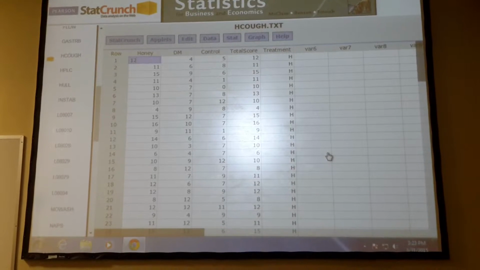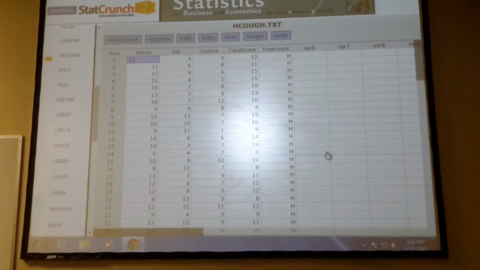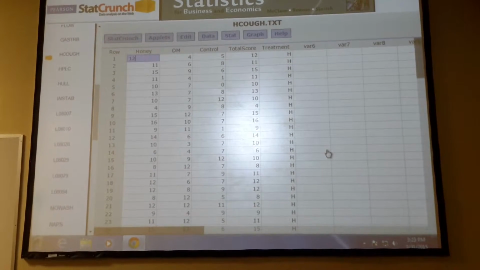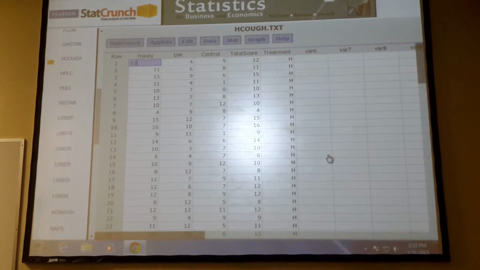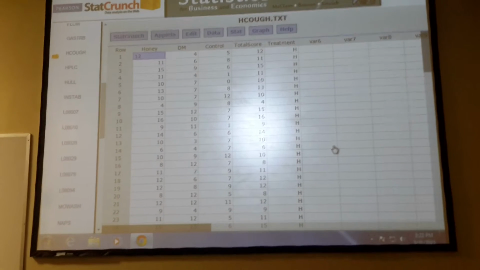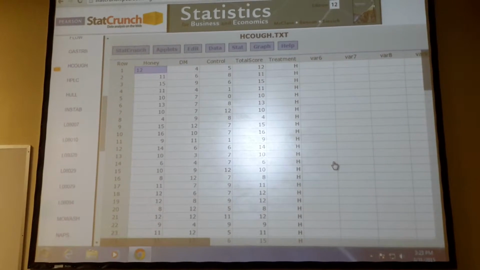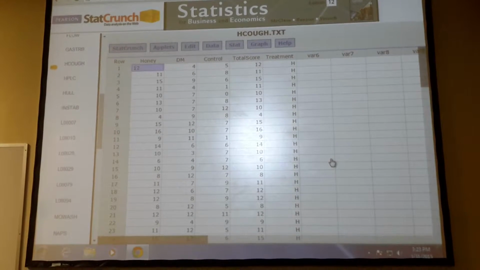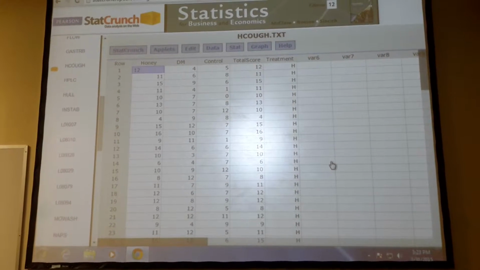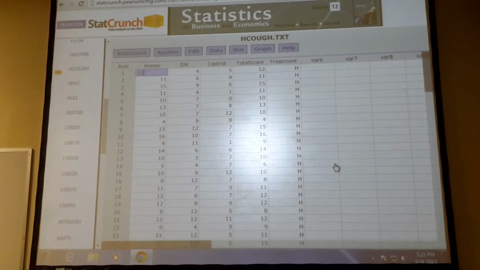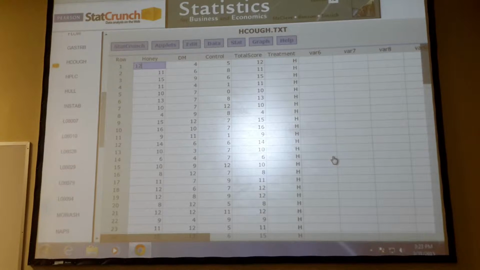They gave another group of children dextromethorphan, or cough syrup. That's the DM column there. And then they had a control group that didn't actually get anything. The values that we came up with were measuring the parents' perceptions of the improvement in the child's symptoms after taking that medication or treatment. So we're going to see if the honey group actually produces better improvement than the cough syrup group.